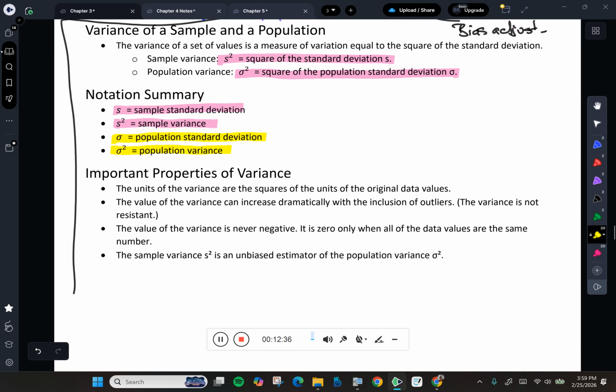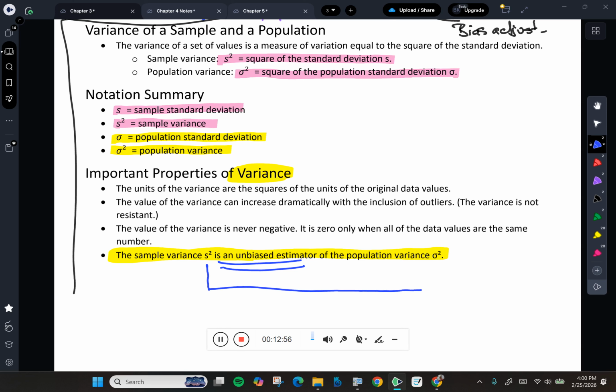Why do we do this? Why do we care about variances? Well, it's this one right here. When we square our sample standard deviation, it becomes an unbiased estimator. And because it is an unbiased estimator, we can use S squared, the sample variance, to estimate the population variance.